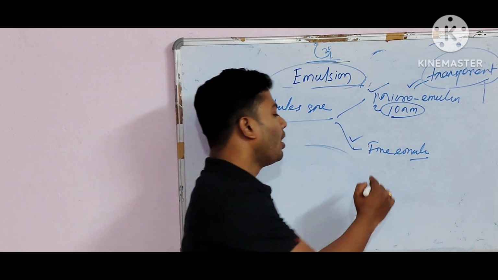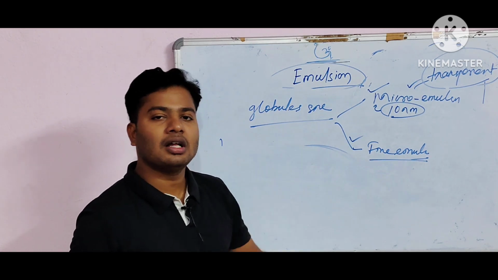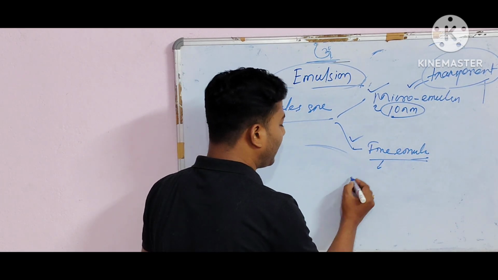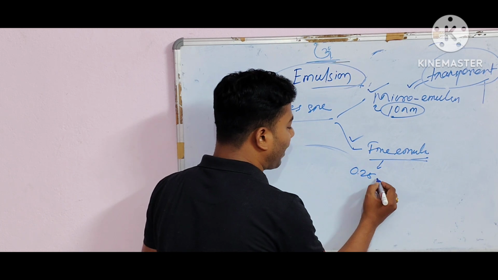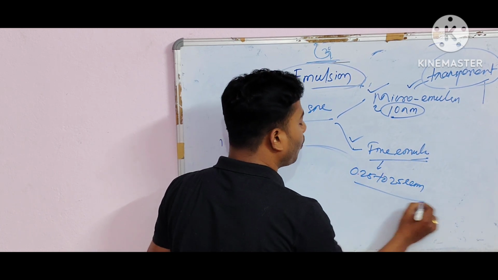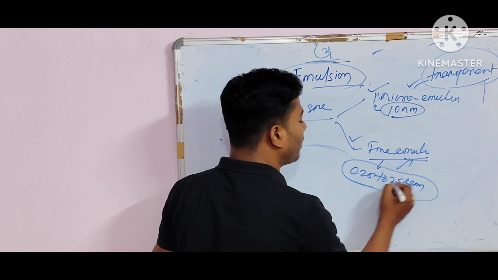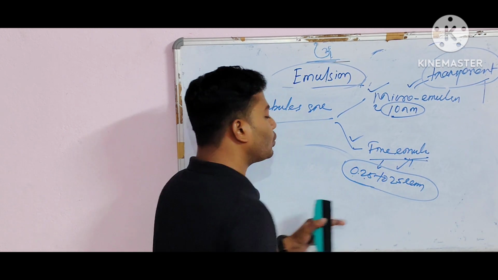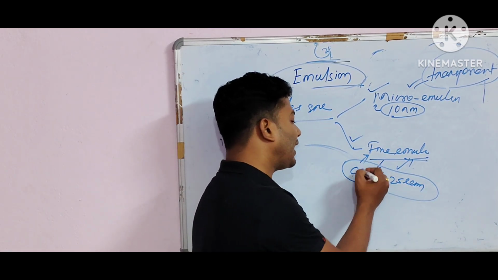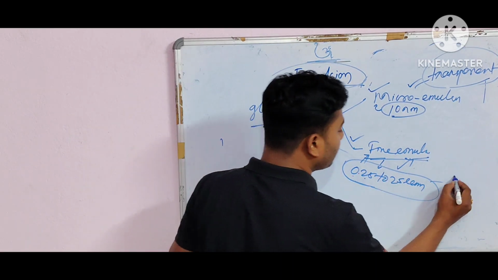So next one is the fine emulsion. Which one is the fine emulsion? Those emulsions having a globule size of 0.25 to 25 micrometer, such type of emulsion you can say is a fine emulsion. Okay, example is milk.